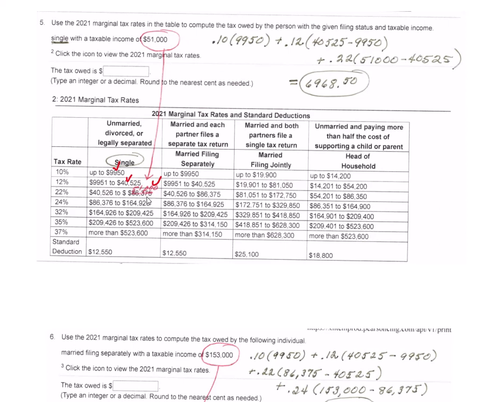Finally, in the highest category, you will take your top, which was 51,000, and subtract the top of the previous category. So it is 51,000 minus 40,525. You're going to pay 22% on that.